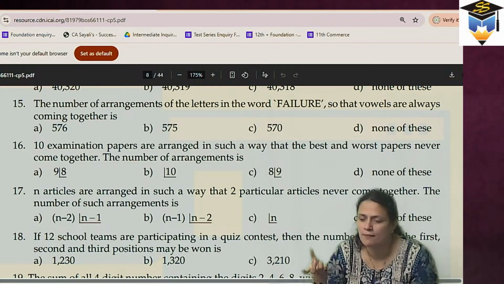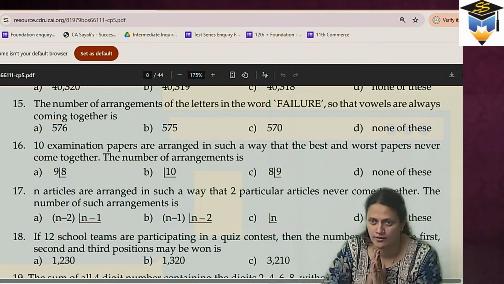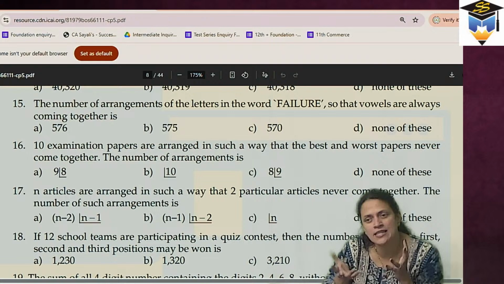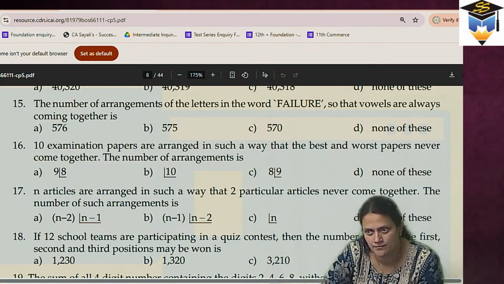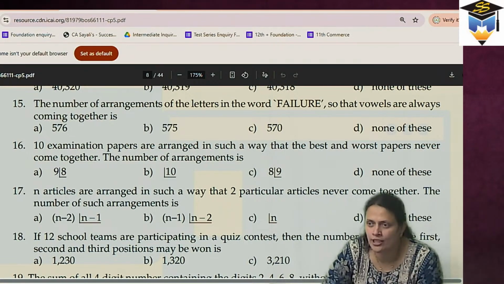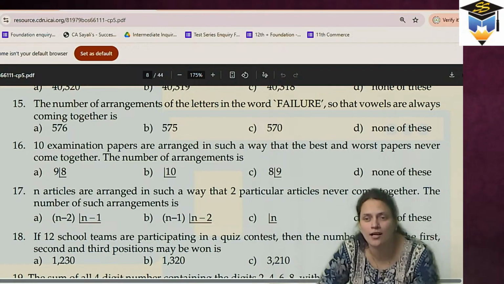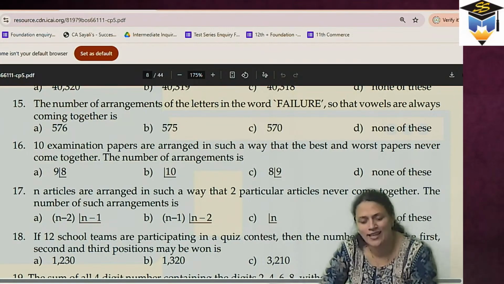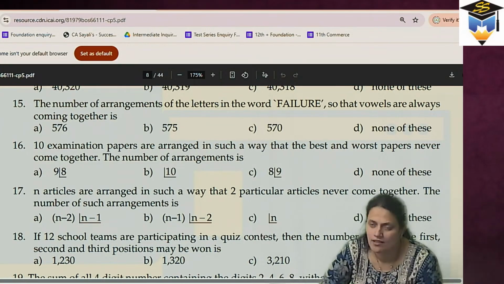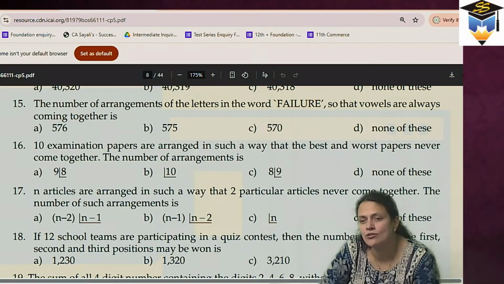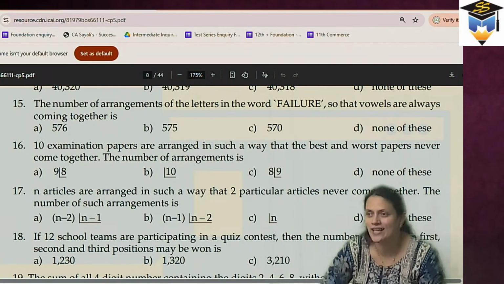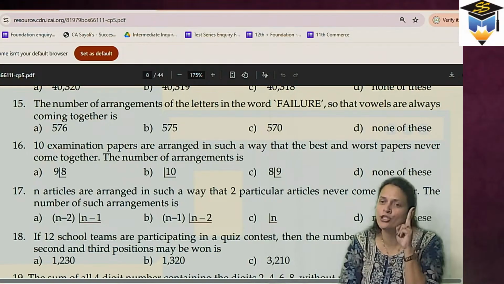What they have told us is best and worst can never come together. But right now what we are saying is best and worst are coming together. So that is going to be 9 factorial into 2 factorial. So the number of arrangements such that best and worst can never come together will be 10 minus 2, that is 8. 8 factorial into 9 factorial. Understood? Exact opposite. So there are two ways in which you can think.